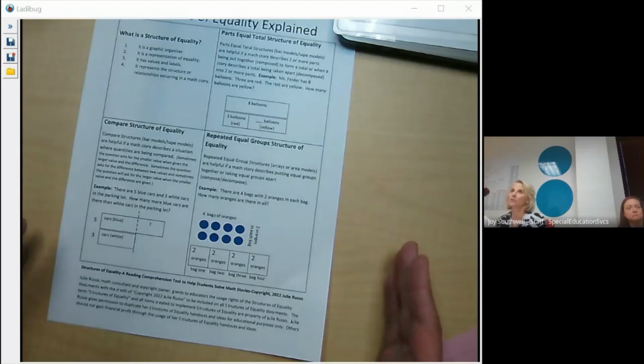And if the students have those 3 things, that means they understand the relationship in the story, the relationship of equality. They understand the thing we're counting, the unit, and they understand the values. And they understand that the model represents the story in and of itself. Questions about that?